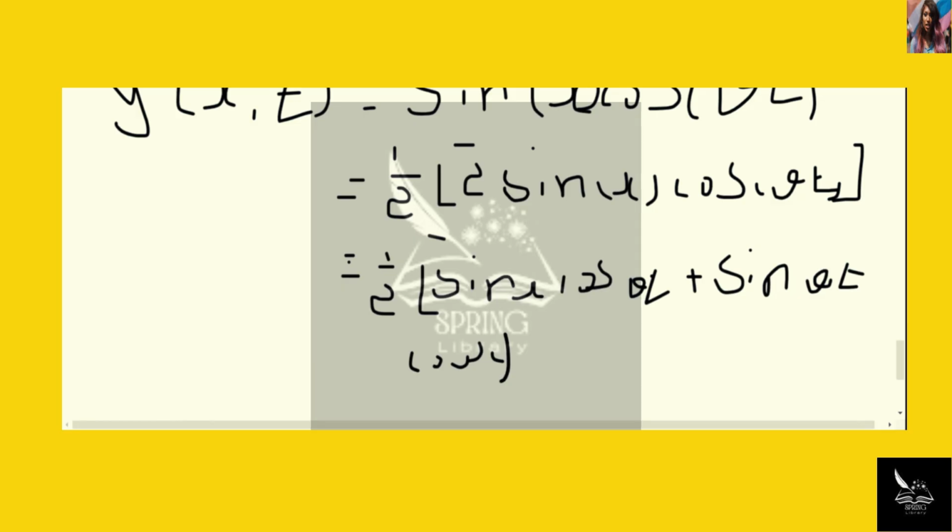Plus sin x cos vt minus sin vt cos x. Sorry, here the sign will be minus. Now incorporate that sine of x plus or minus y will be equivalent to sin x cos y plus or minus sin y cos x.